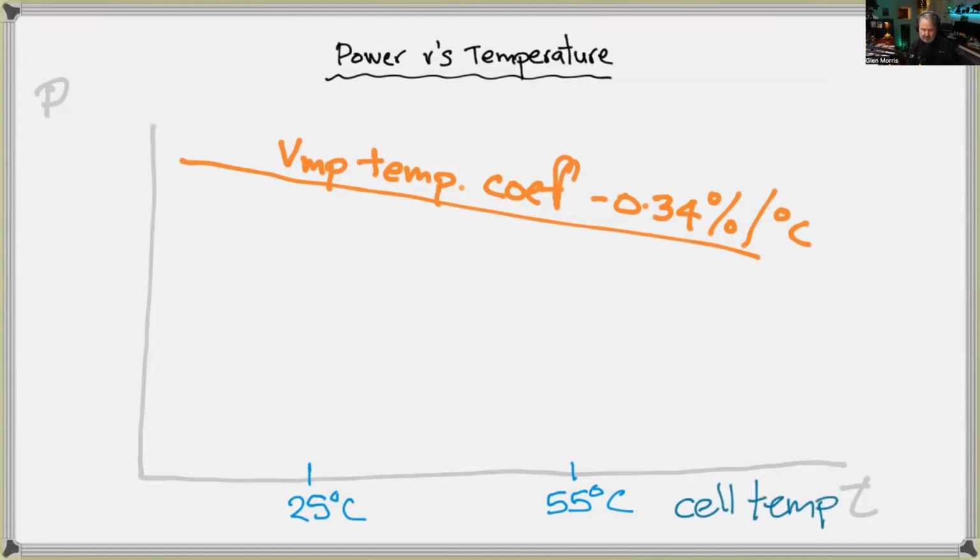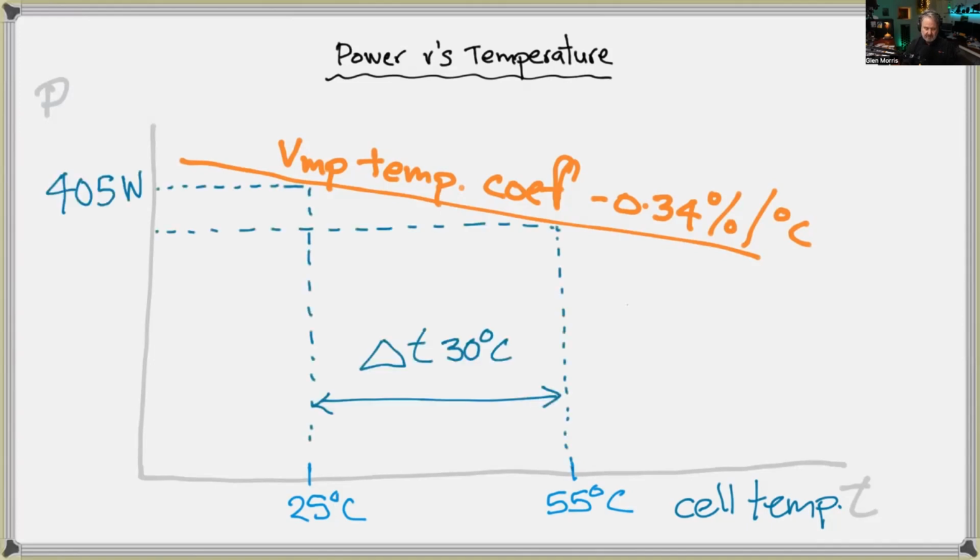And remember that cells of a PV module heat up a lot more, typically 25 to 35 degrees hotter than the ambient temperature when the sun is shining on them, because they're like metal, they just heat up. So the cell temperature is, let's say it's 55 degrees, right?